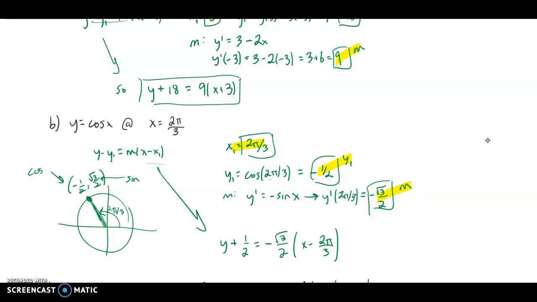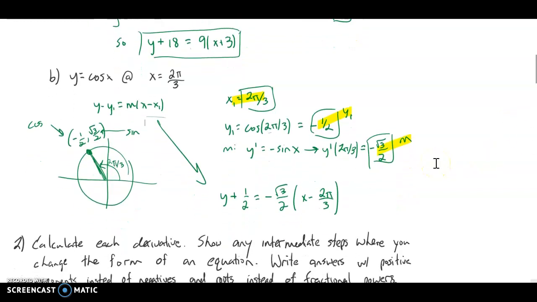The derivative of cosine is a negative sine. So y prime of that is negative root 3 over 2. You may ask where this negative comes from. Well, this is that negative, and the sine value is that. So I get negative root 3 over 2 is my m, and then x minus 2 pi over 3 comes from the x1.